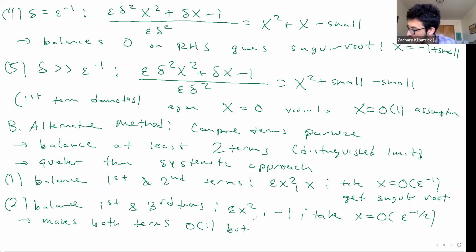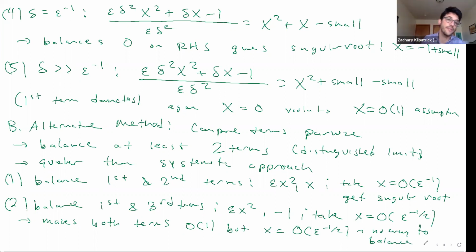But the leftover term, which is x, then needs to equal order epsilon to the minus one half. And there's essentially no way to balance that term, okay? So that won't work because you have a stray term that can't be balanced unless you take it to be zero, okay? Which sort of defeats the purpose of naming your scaling, okay?